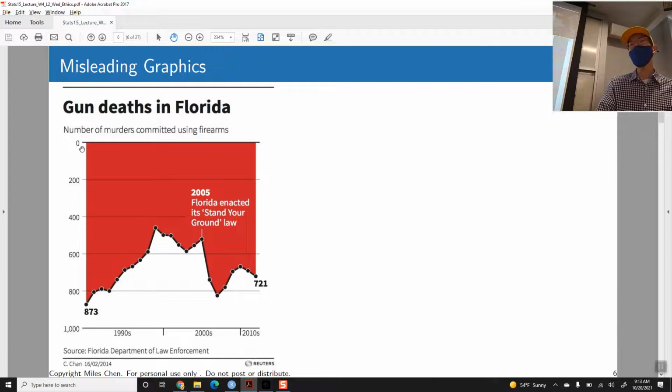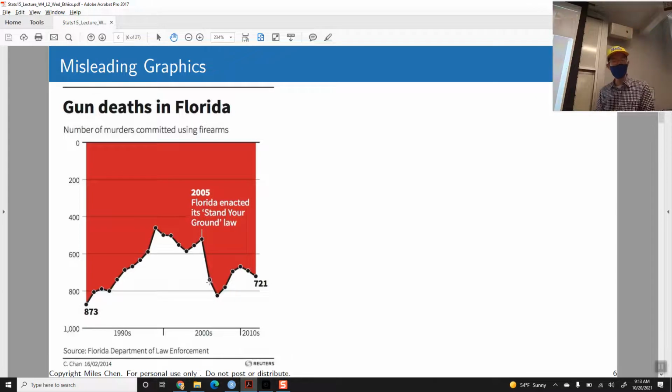They put the 0 at the top and the numbers get bigger as you go down, which is different from most convention, right? Usually we see small numbers at the bottom, and they go up. So the visual cue of things going down is actually reversed here. After 2005, there's actually a very sharp increase, okay?